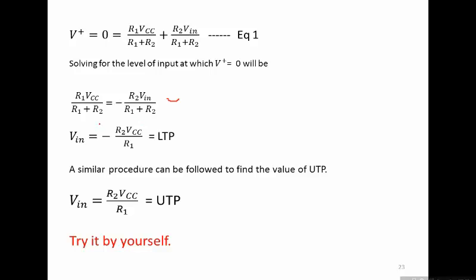This level of the input, which is some negative value at which V plus becomes equal to 0, gives the lower trigger point, after which if the input is further decreased from this level, the output would change from high level to low level.